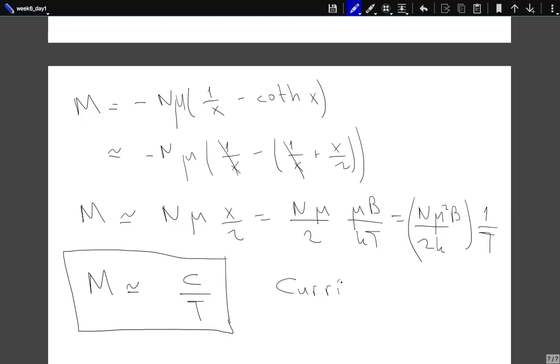This is called Curie's law, this 1 over T dependence. Of course, that C will depend on the type of material you have, because different materials have different magnetic dipole moments. And basically that's it. And this is actually observed.